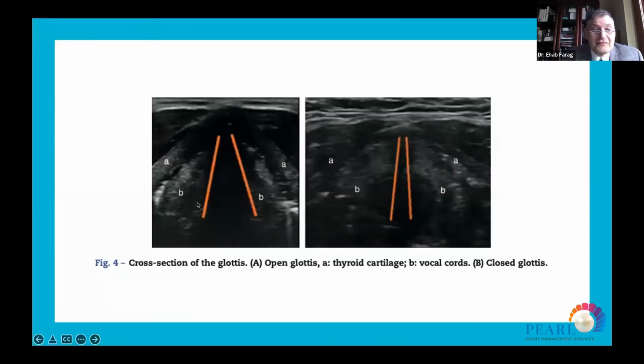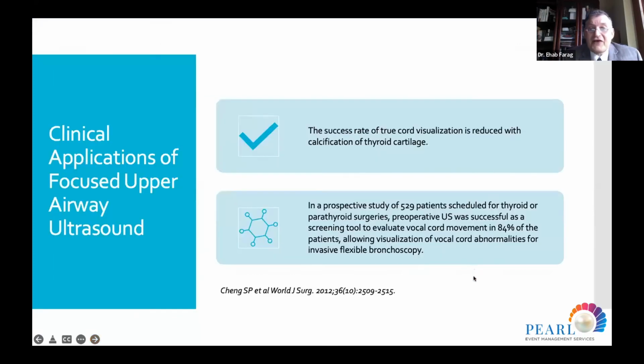Here is the ultrasound in the open glottis, and here in the closed glottis. You can ask the patient to phonate, saying ah, and we can see the movement of the vocal cords. They found that the success rate of true vocal cord visualization is reduced with calcification of the thyroid cartilage, as we mentioned.